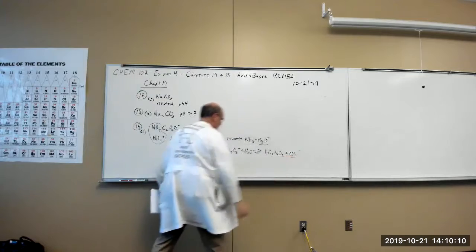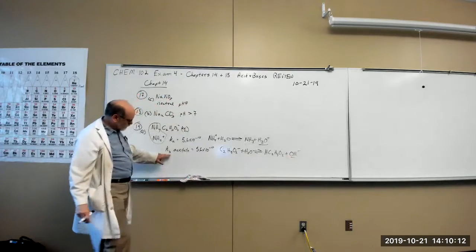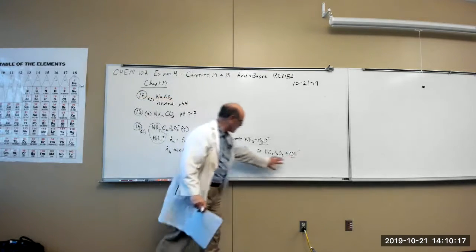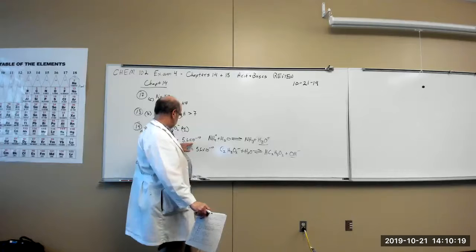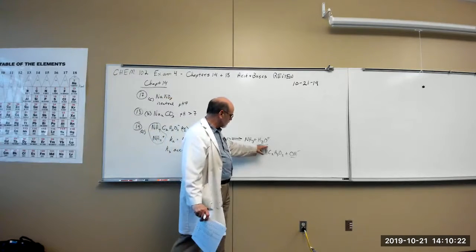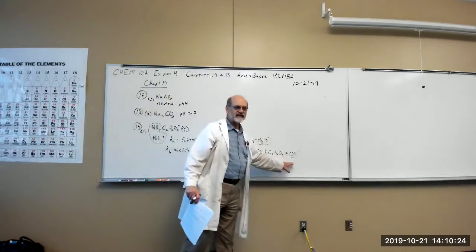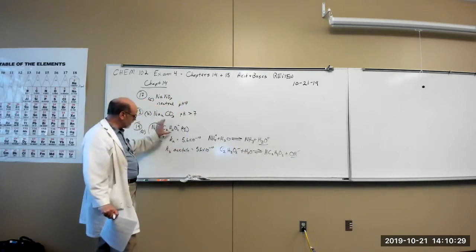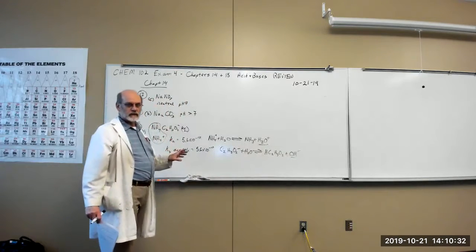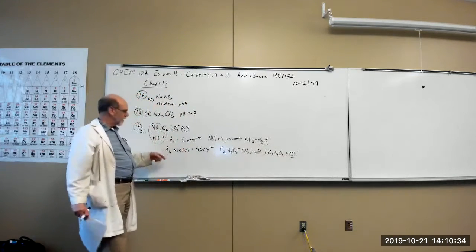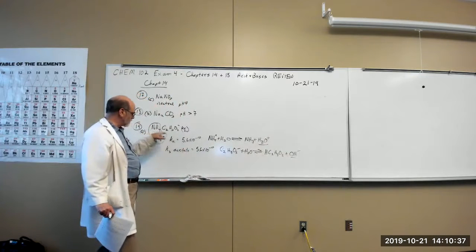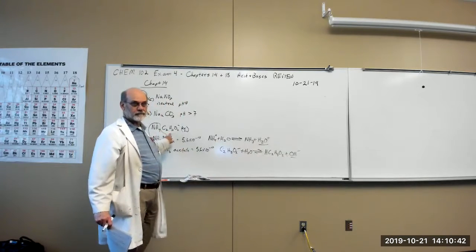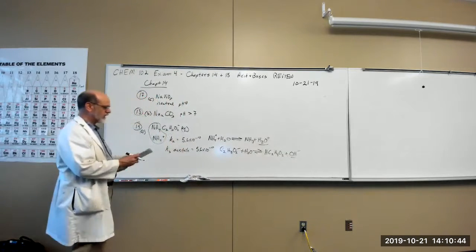Okay. So if this one is large, a large number relative to that one, it's producing more of these. And this one is producing some of those, but less than those. That makes it basic. So that's why you need the Ka for this one and the Kb for that one to compare. You can't compare the Kas for each one because that one's the acid part and this one's the base part. So it has to be a Kb. Okay? I hope that explains it.